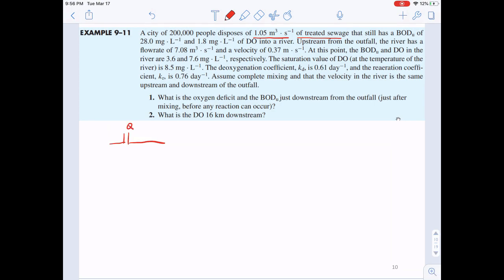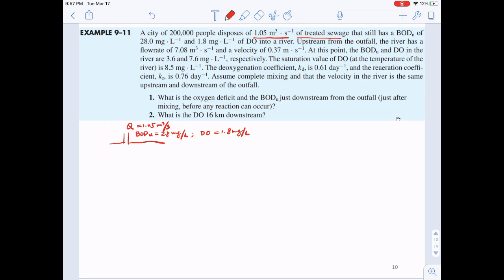So we know that this flow rate is 1.05 meter cube per second. Okay, and it also has an ultimate BOD of 28 milligram per liter, right? We also know that the dissolved oxygen of this wastewater is 1.8 milligram per liter.